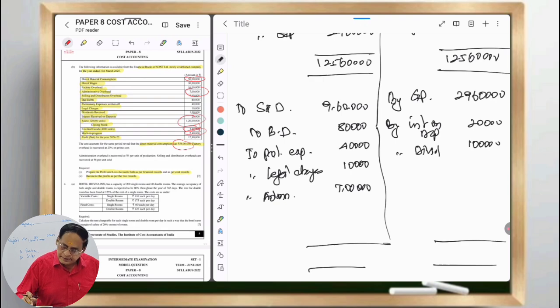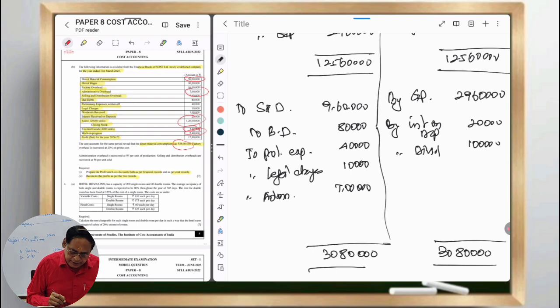So 29,60,000 plus 20,000 plus 1 lakh, that is 30,80,000. 30,80,000 minus 9,60,000 minus 80,000 minus 40,000 minus 10,000 minus 7 lakhs.